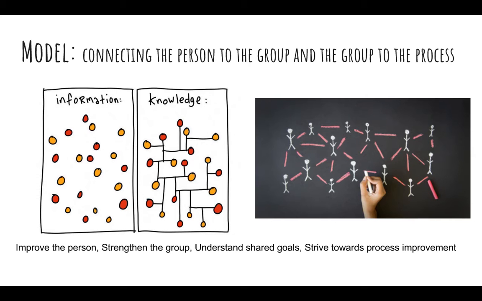Looking at the connectedness method, moving from the person to the group to the whole, the point is to connect everyone through those processes, improving who you are to improve the group, strengthen it, and understand all of those shared goals that you can strive towards, process improvement to benefit the organization as a whole.